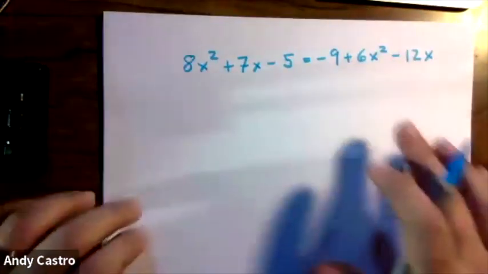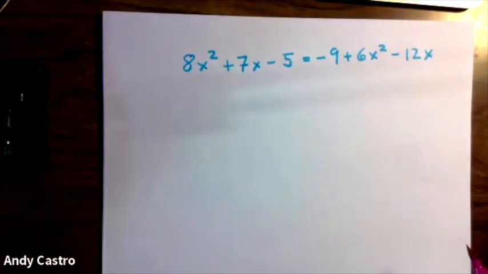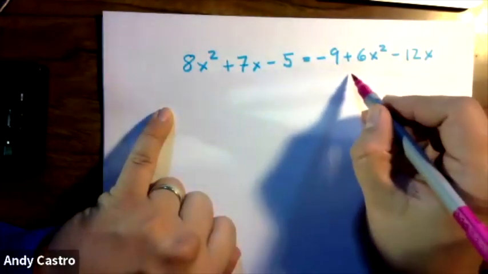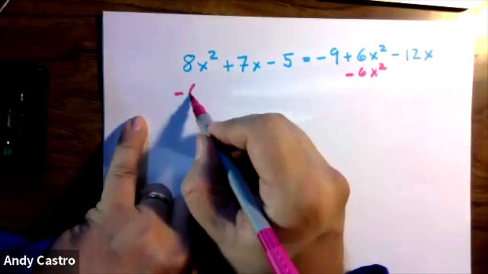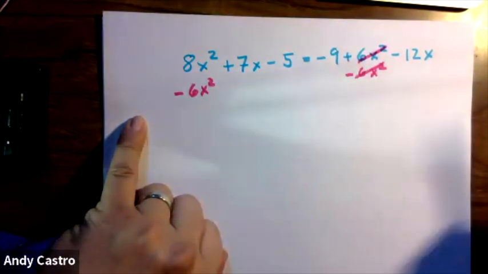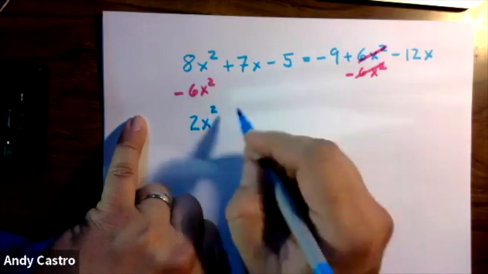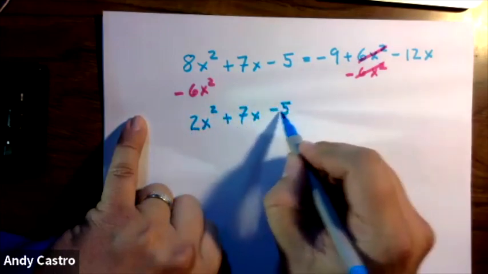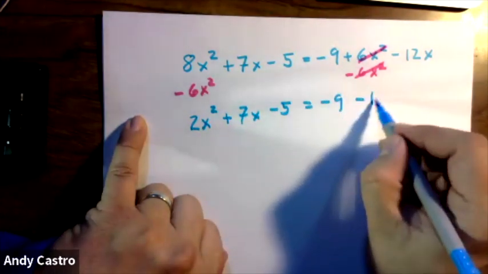All right, so what we can see is we've got like terms on both sides. So let's get some of those like terms together. I'm going to subtract 6x squared from both sides. And that's going to leave me here with 2x squared plus 7x minus 5 equal to negative 9 minus 12x.